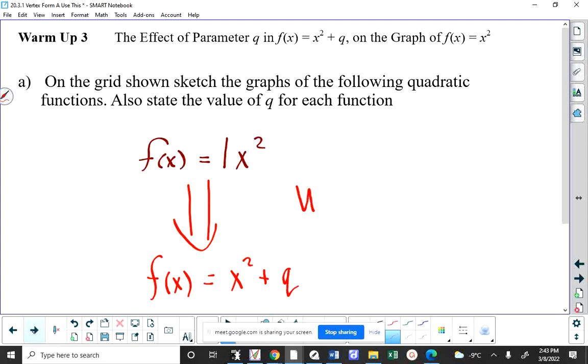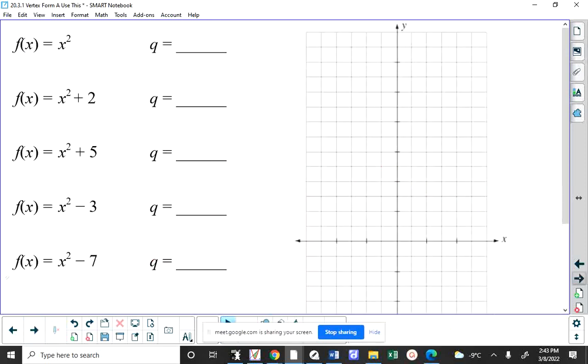And the question is, what happens? That's what we're learning in warm-up 3. And rather than make a table of values, I've got all of these graphs in a program. We can decide what we're going to draw in a minute, but I want you to understand what's happening first.